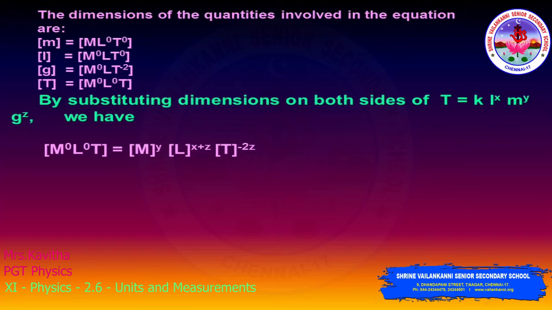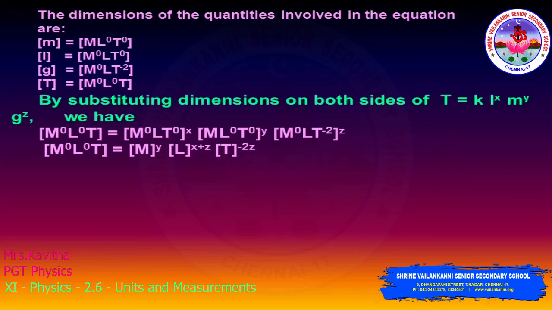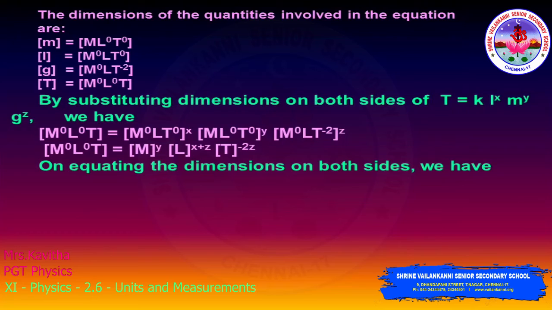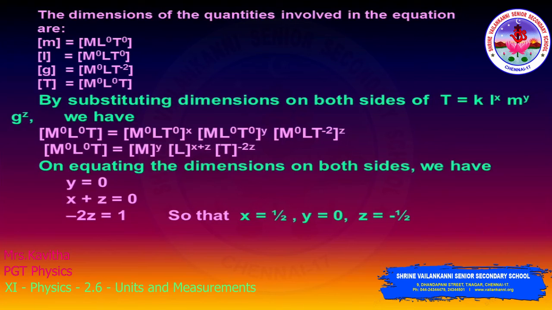So by substituting the dimensions on both sides of T equal to K L power X M power Y g power Z, we have M power 0 L power 0 T on the left, which equals K, which we don't consider here, times M power 0 L T power 0 all to the power X, M L power 0 T power 0 to the power Y, and for g, M power 0 L T power minus 2 to the power Z. You will get the values by equating the dimensions on both sides.